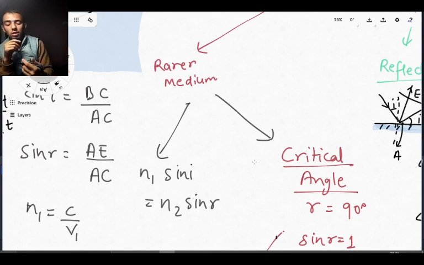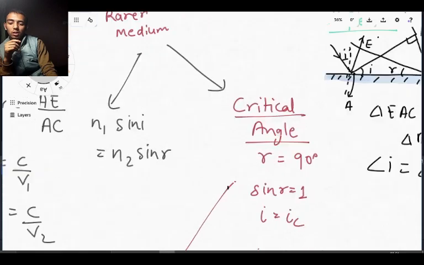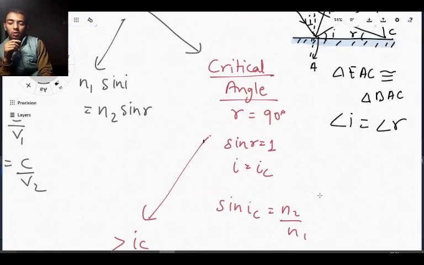But an extra thing we have to learn here is that for the critical angle, the angle of refraction will be 90 degrees. The angle of incidence will be the critical angle, and for 90 degrees sine r will be 1. So sine i c is equal to n2 upon n1. So we can say that the refractive index is equal to the sine of the critical angle.